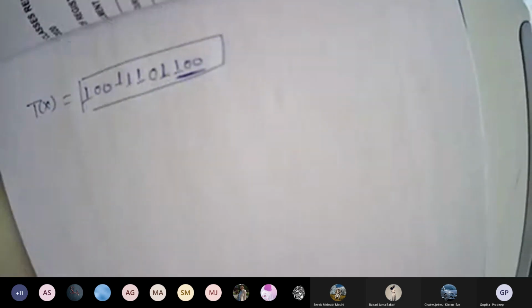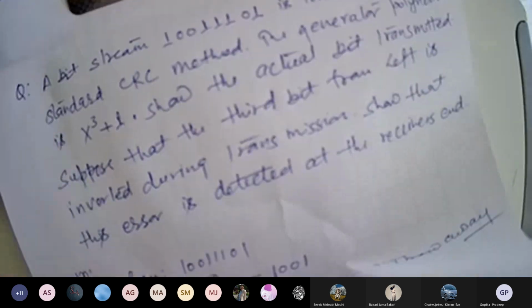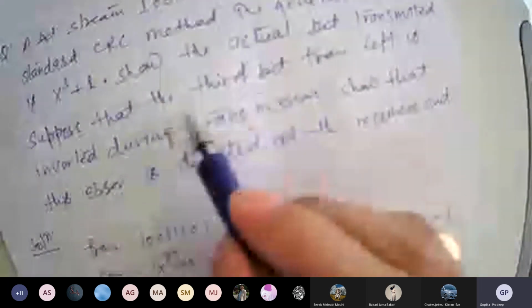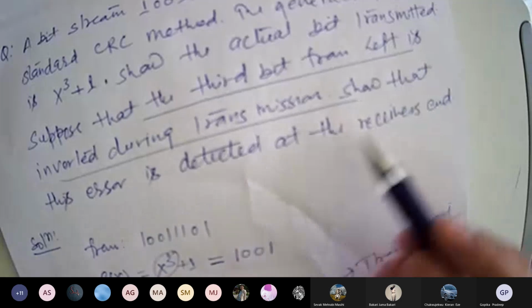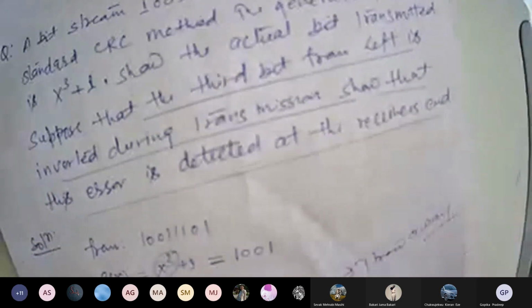Now let's come to the second part of the question. What is the second part of the question? The third bit from the left will be inverted. Suppose that the third bit from the left is inverted during the transmission, so that the error is detected at the receiver end.